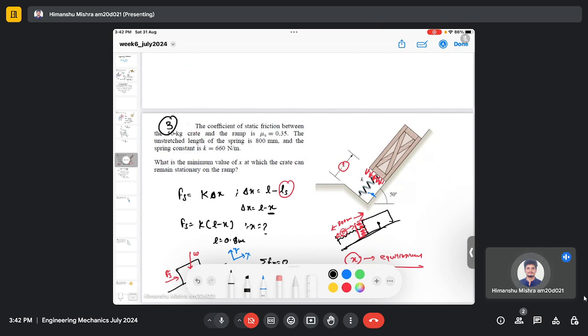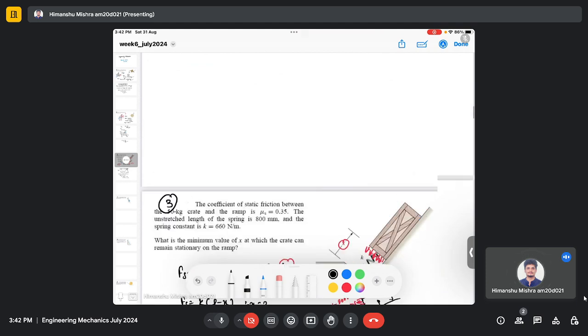So just to recap here, we have the block which is supported by the spring, and we need to find the compressed length of the spring such that the block stops moving due to the friction force. So we have the incline here and there is a spring.